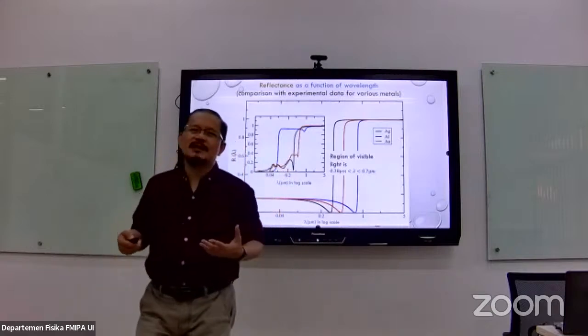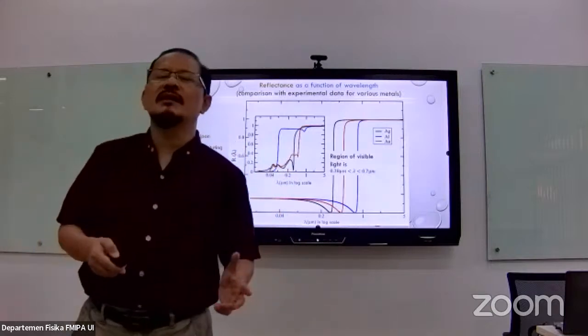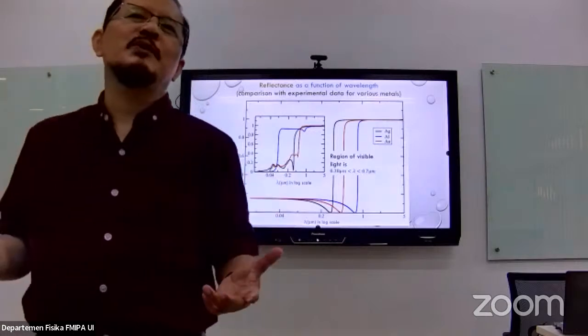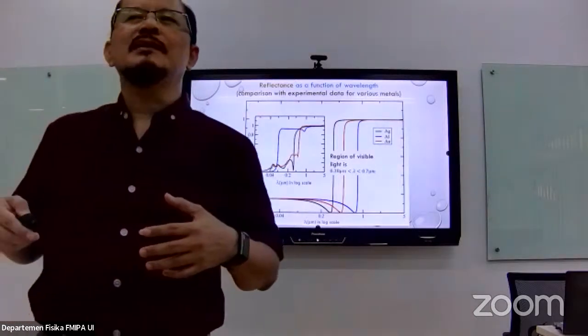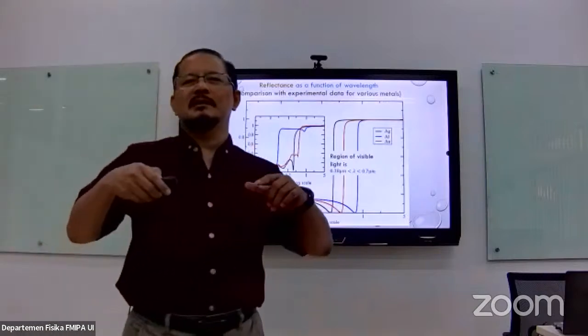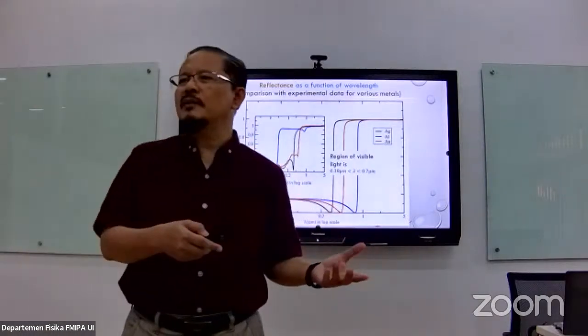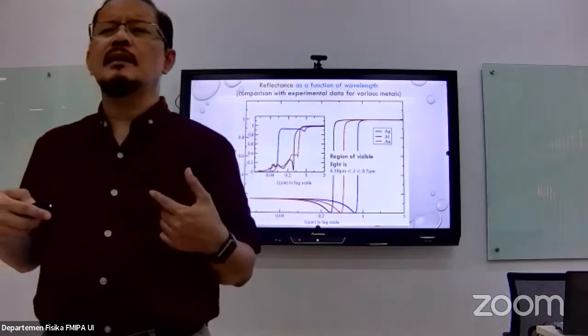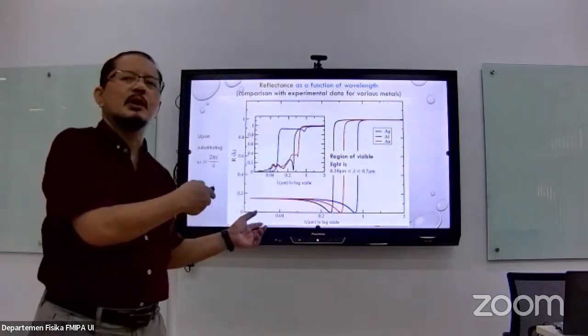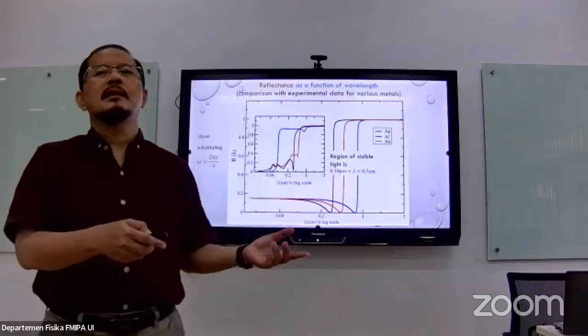So in order for us to be able to make a comparison, often we have to adapt ourselves to the way they like to show their curves, rather than the way we derive the formula.